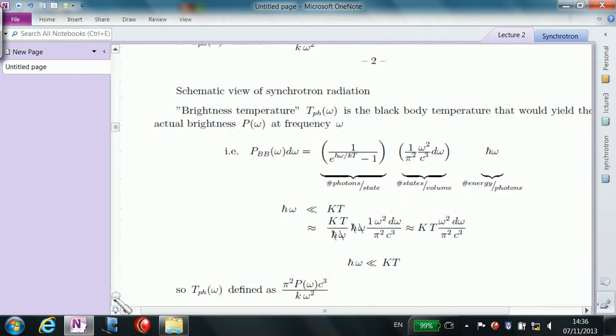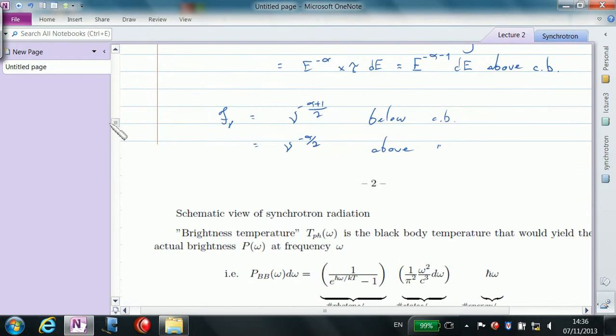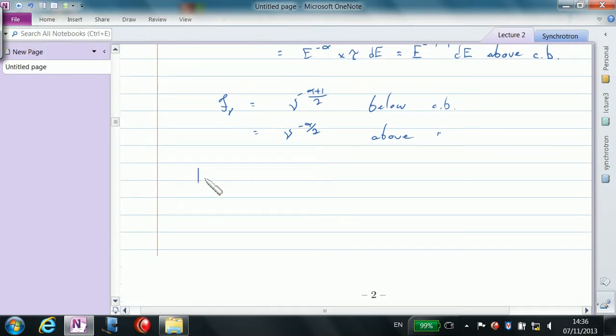Now, if alpha is equal to 2, f of nu is proportional to nu to the minus 1, and p of nu d log nu is just equal to a constant times d log nu, right?